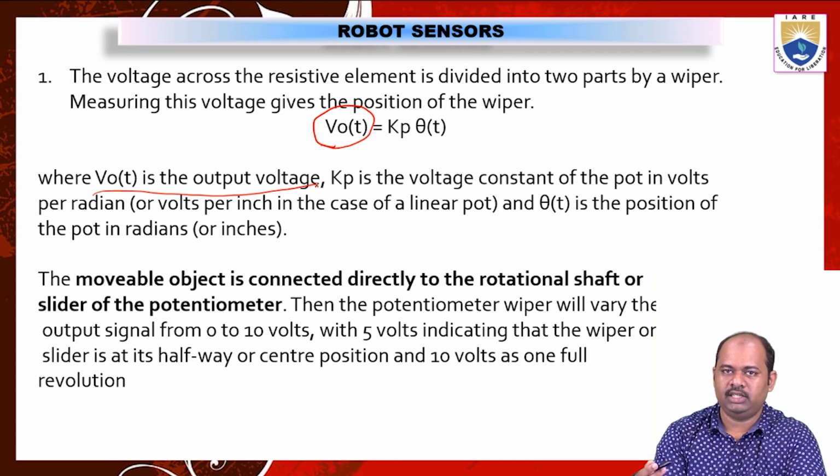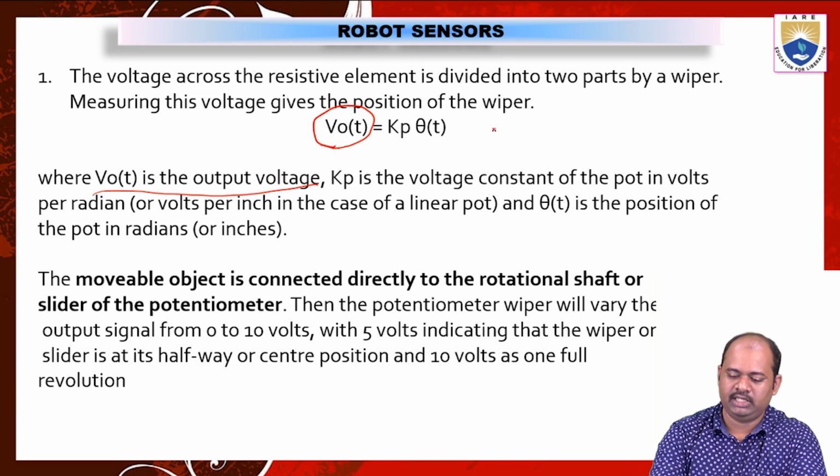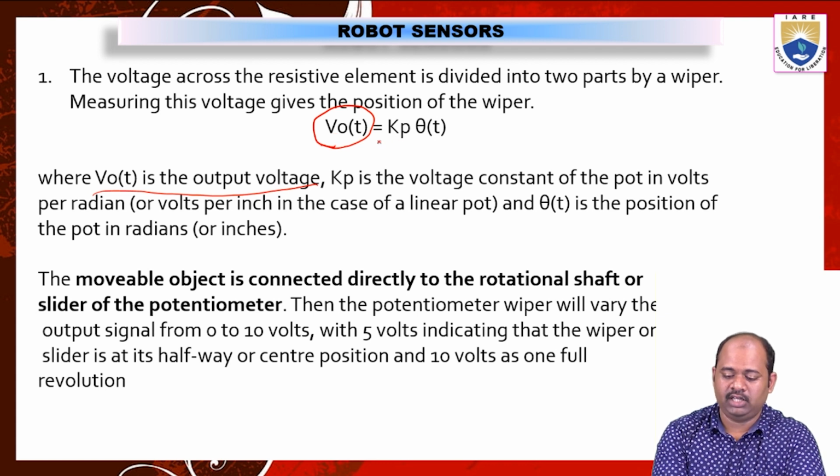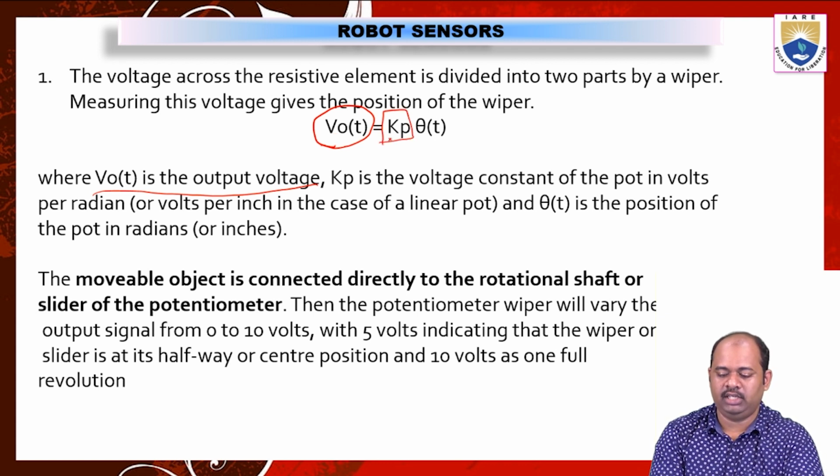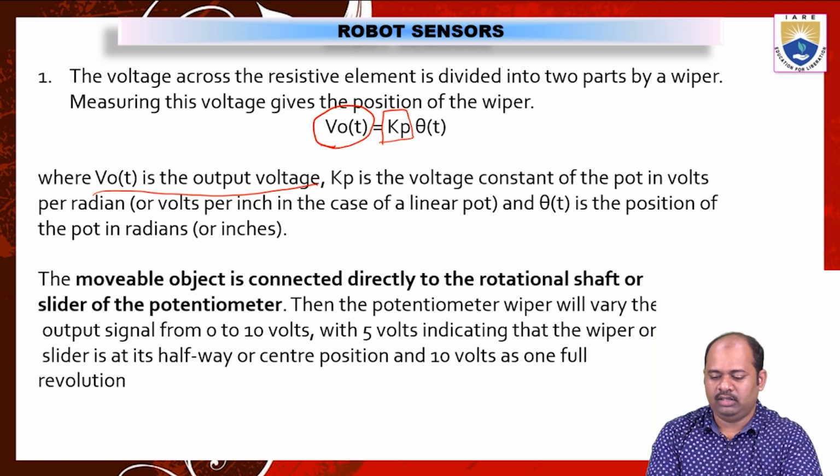So whatever voltage comes out of the potentiometer is taken as V naught, which is a function of time, and Kp is a constant of the potentiometer. Every potentiometer will have a constant value which indicates its calibration and the property of the resistive element.